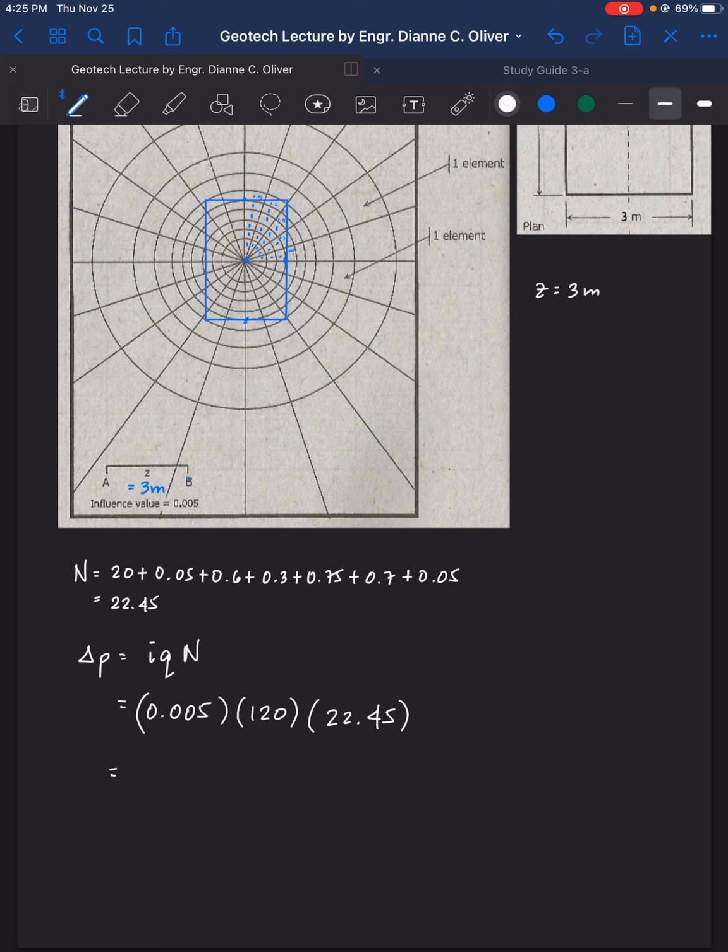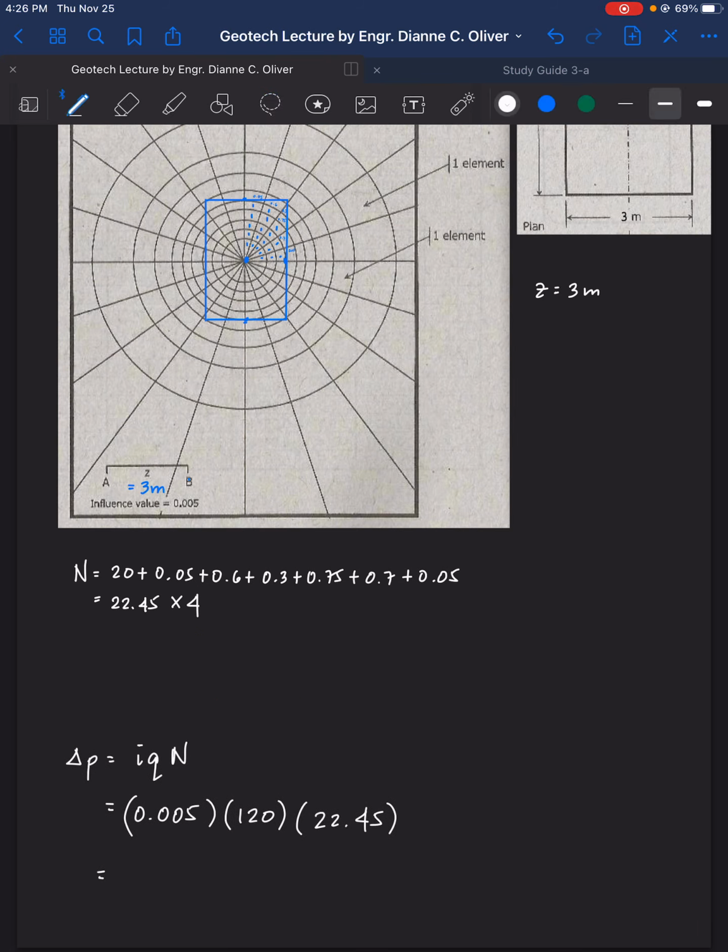We forgot, it should be multiplied by 4. Remember, we had only one quadrant. So this should be times 4. That is equal to, so 22.45 times 4 is equal to 89.8.